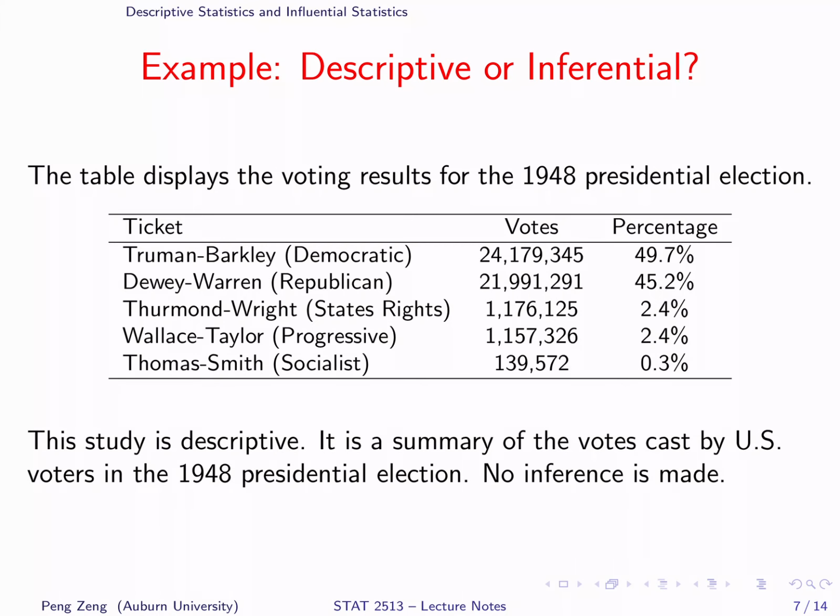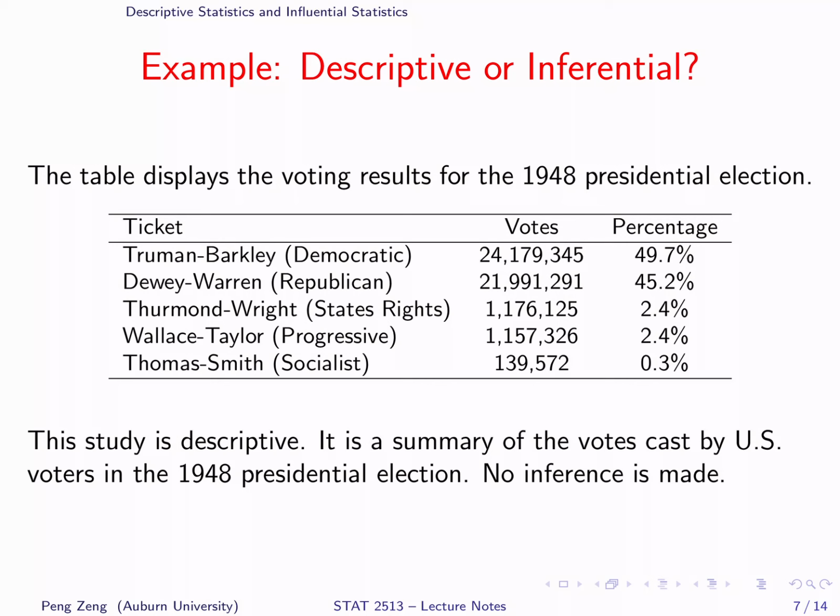Let's look at more examples to illustrate the concepts. This table displays the voting results for the 1948 presidential election. From the table, we can find the number of votes and the corresponding percentage for each candidate.